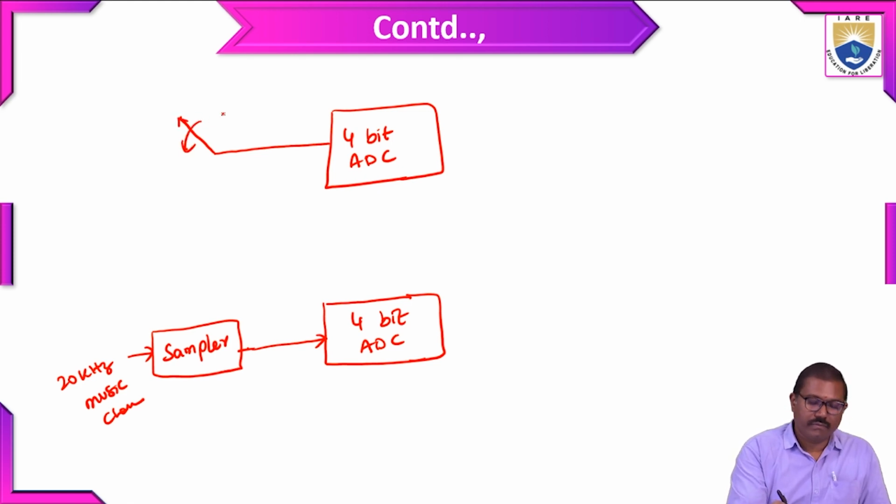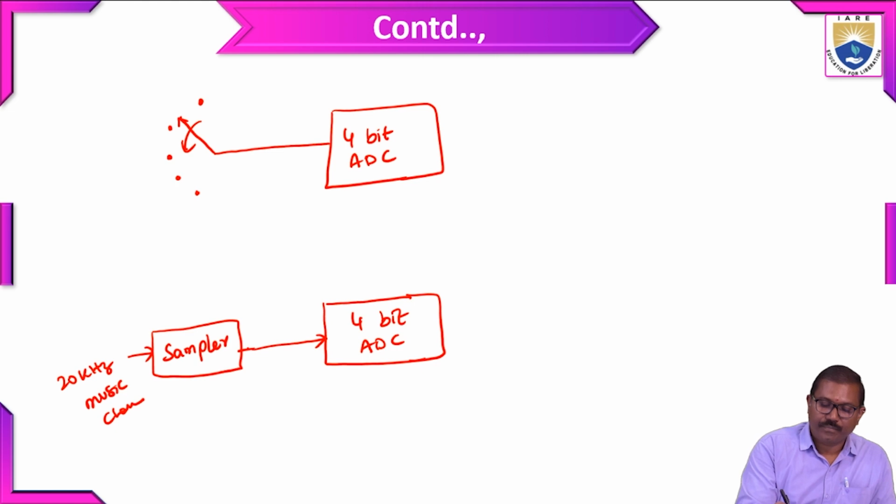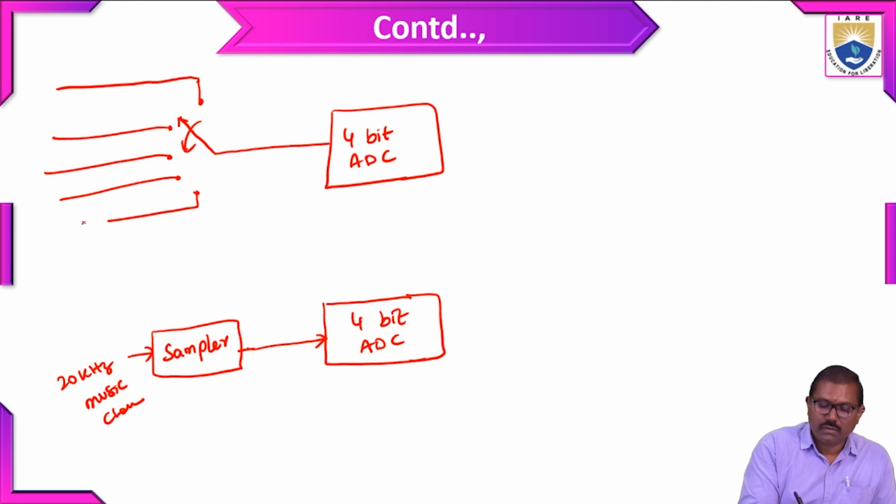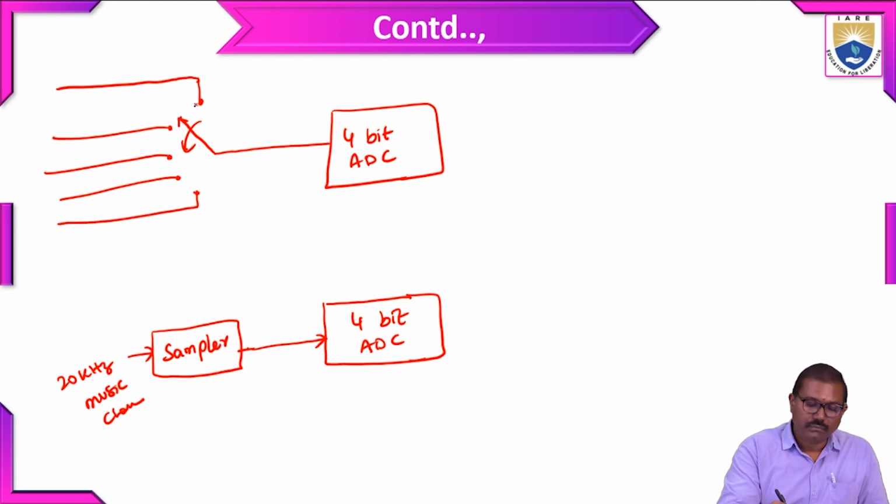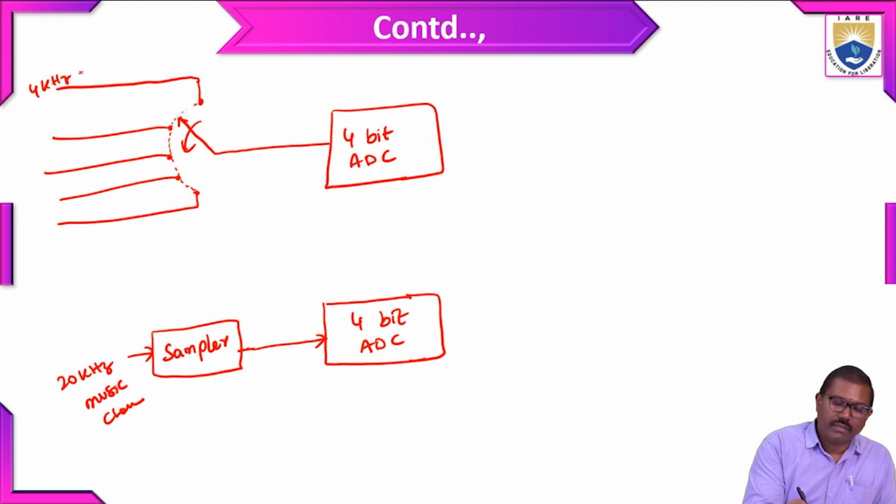So how many channels? 5. 1 2 3 4 5, like that. So all are 4 kHz channels.